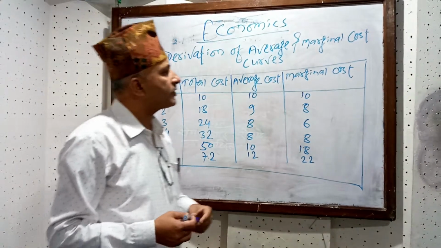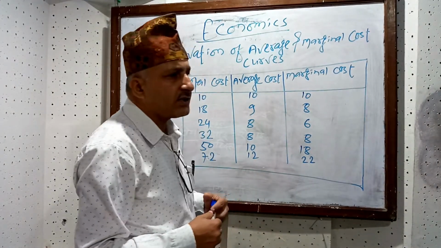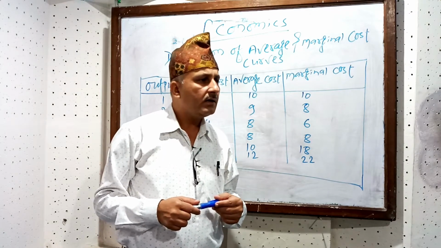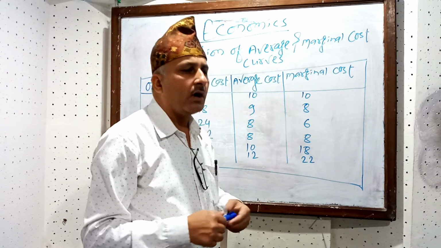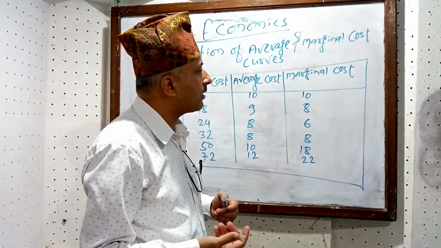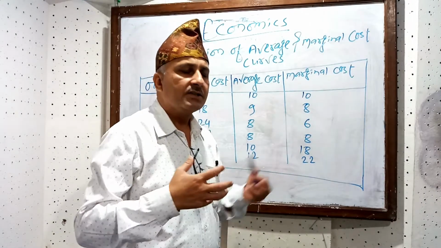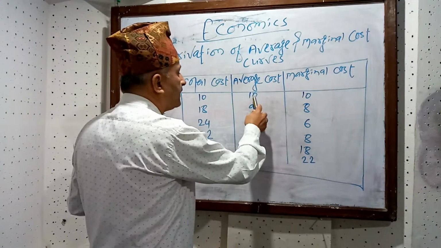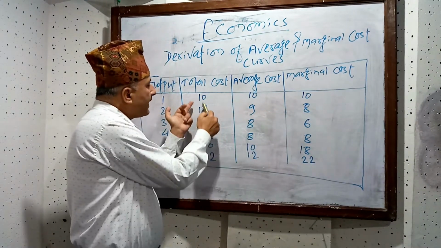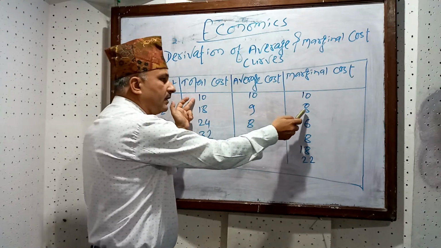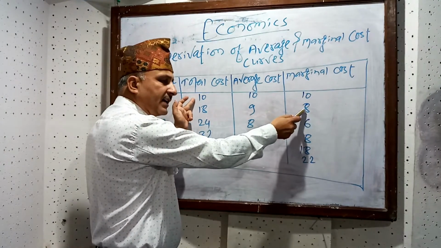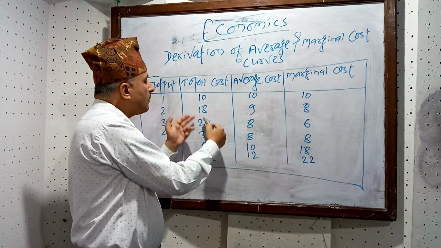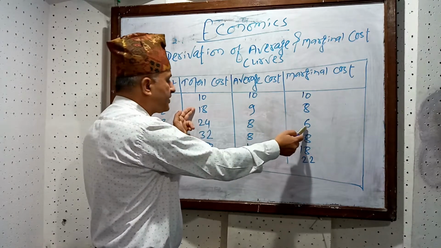Similarly, there is the marginal cost column. You know that marginal cost is the change in total cost due to the production of one more unit of a commodity. Look here, at first 10. Now 18 minus 10 is 8, so in the second row you write 8. In the third row, 24 minus 18 is equal to 6.